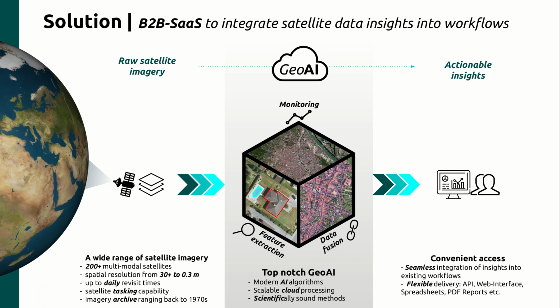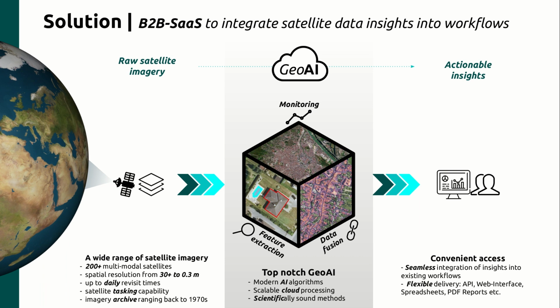So we collect all kinds of different geodata, including satellite imagery and aerial imagery with all kinds of different spatial resolutions and temporal revisit times. And we feed this data into our Geo AI systems that are trained for monitoring the built environment, so man-made structures. Using high resolution imagery, we can extract individual features like building footprints or swimming pools, you name it.